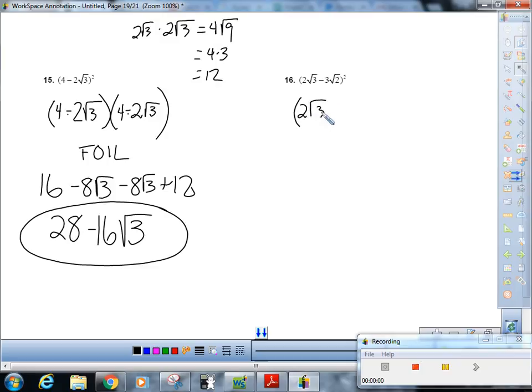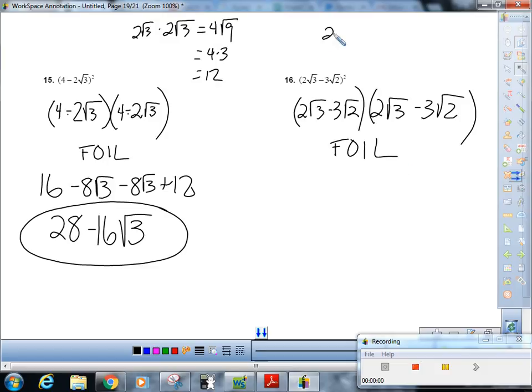Okay, let's look at 16 now. 2 radical 3 minus 3 radical 2 times 2 radical 3 minus 3 radical 2. There won't be an easy step in this entire problem. First, 2 radical 3 times 2 radical 3 equals 4 radical 9 equals 4 times 3 equals 12.